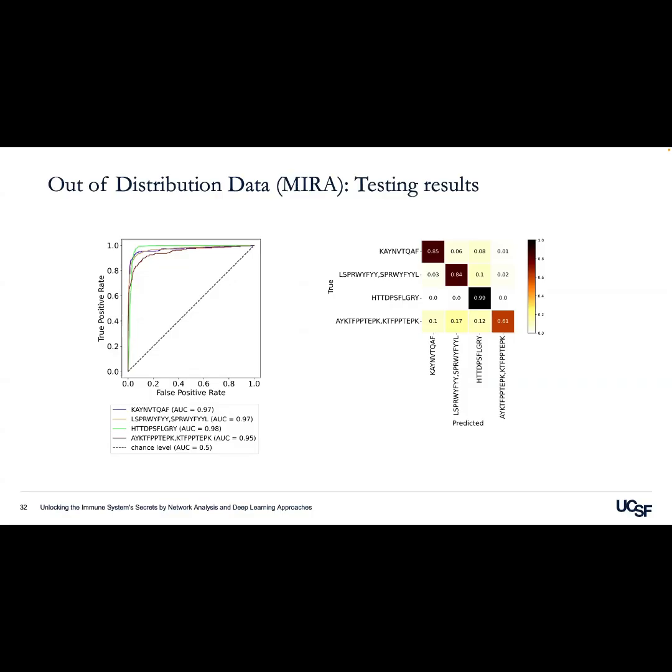You can see the performance is pretty good here, right? And you probably noticed the confusion matrix here is a little bit off. The reason is that this is not one peptide, it's 2 peptides, so it's more classes, which introduces more noise.